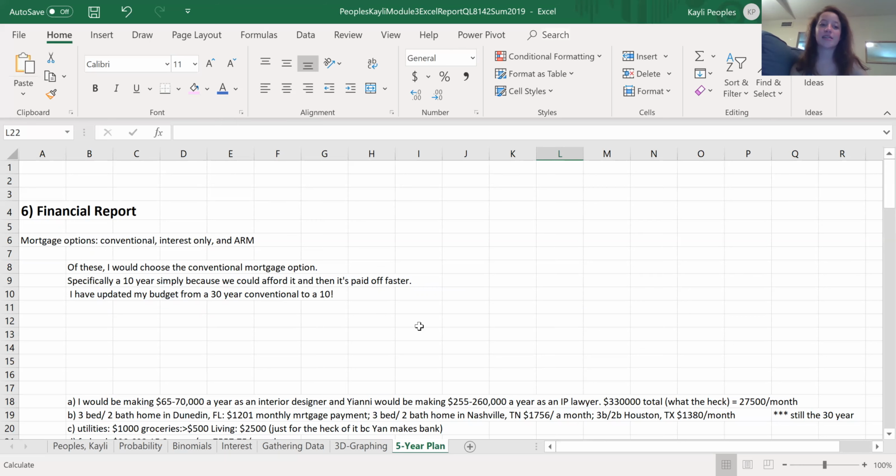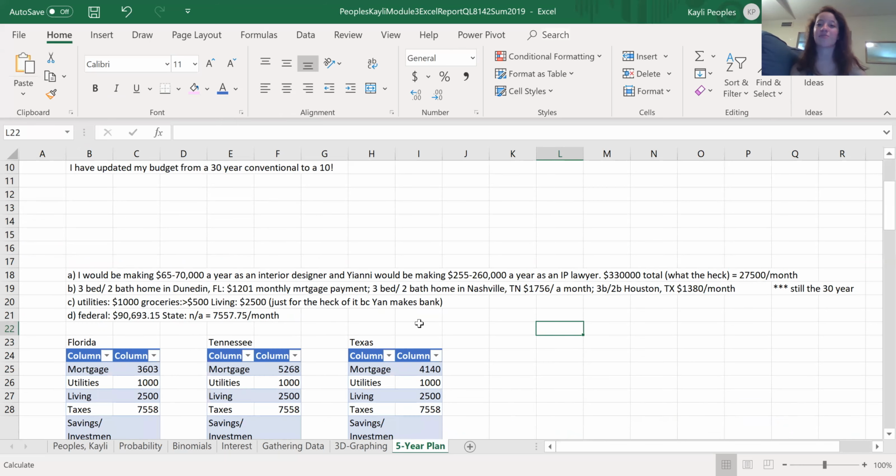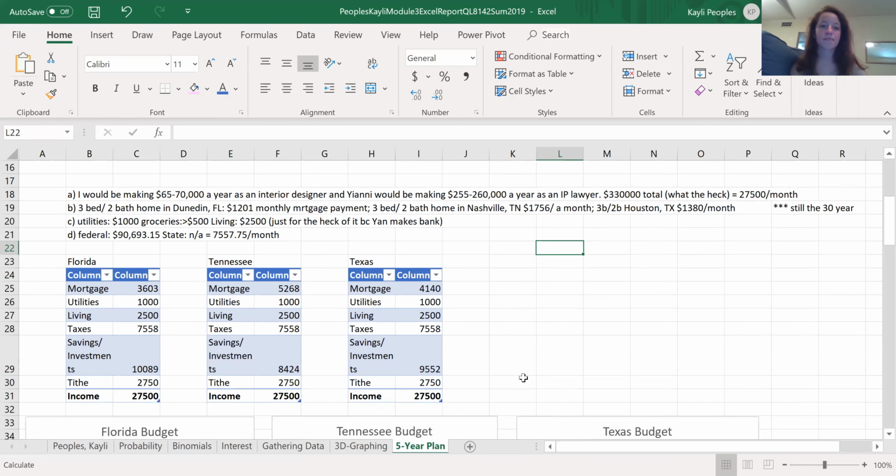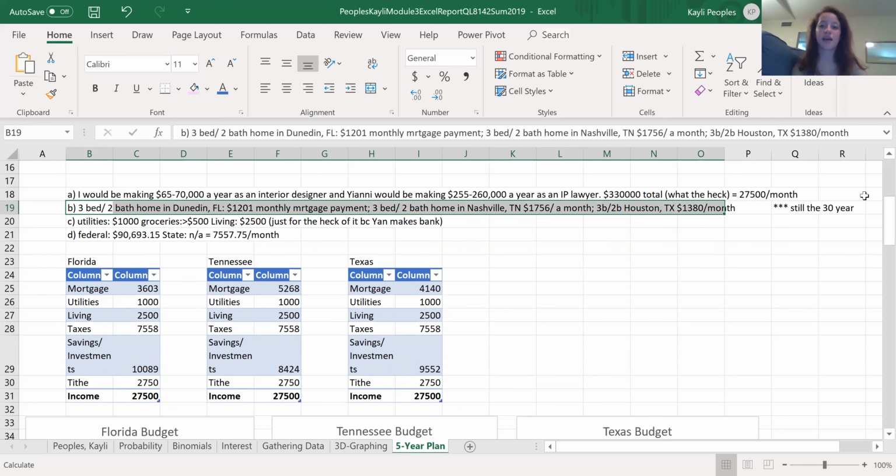So I've updated my budget from a 30-year conventional to a 10-year conventional, because I had already calculated it for a 30-year, because that's typical. So over here, I left it at the 30-year just so you can see the difference.